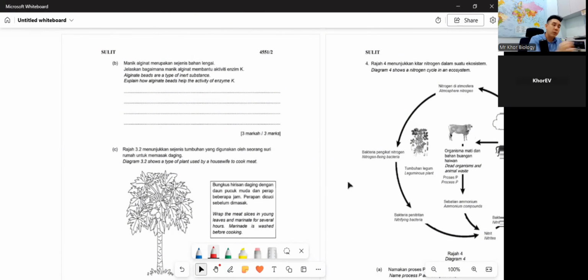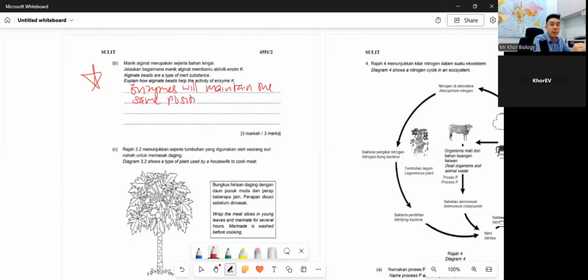Normally they'll follow up with a question: how do we use beads in order to help the activity? Using beads is to hold on to the enzyme, so we say that the enzyme or lactase will maintain the same position.